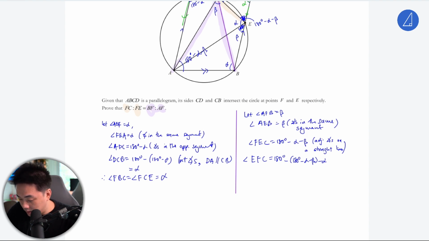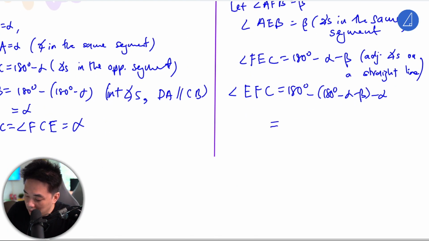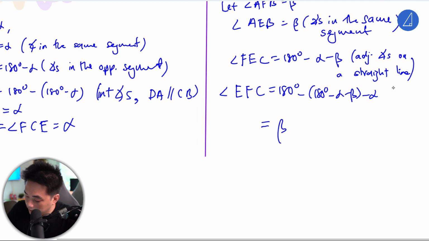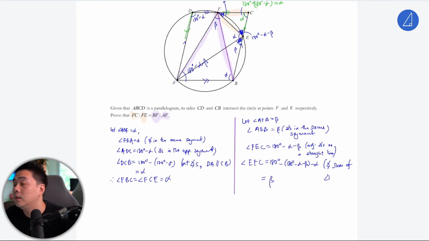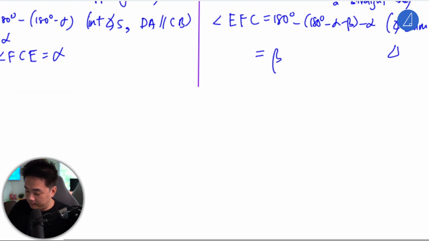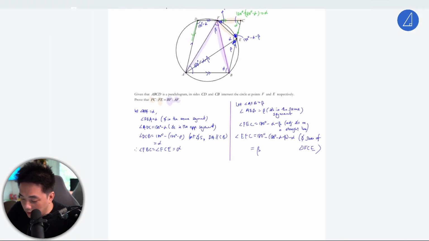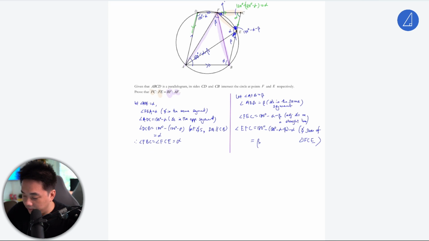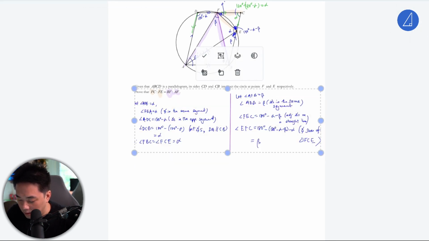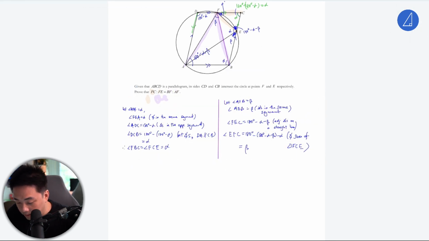So this is alpha, beta, the triangle FC. Okay, so there you go. So now we can prove that both triangles are similar.